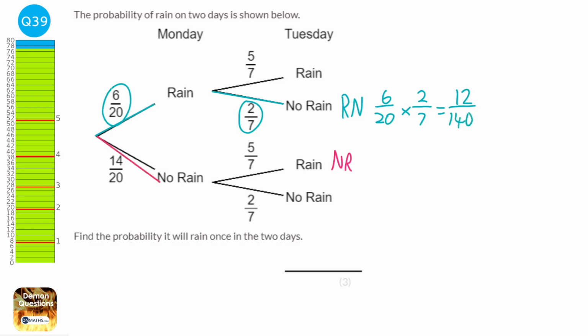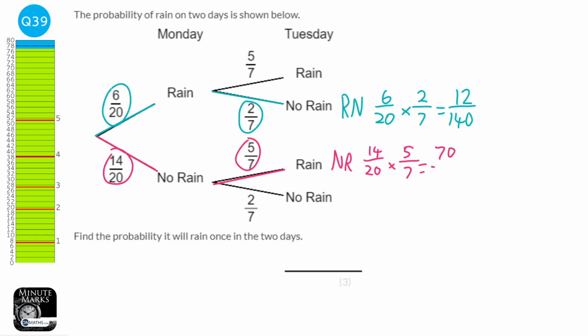And to work out the probability it will not rain on Monday and rain on the Tuesday, we're just going to multiply the 14 over 20 by the 5 over 7, and so that'd be 14 over 20 times 5 over 7, and that will give us 70 over 140.